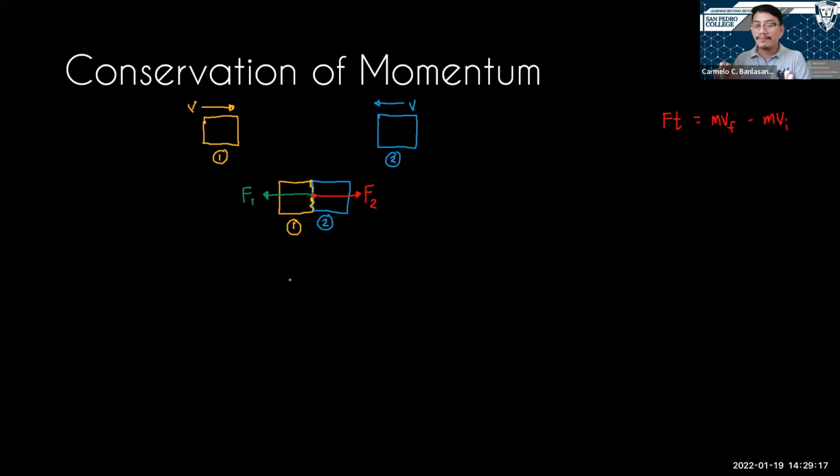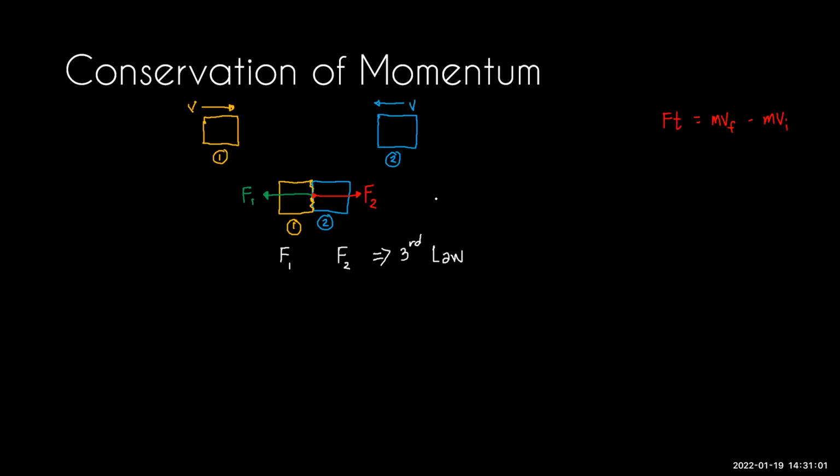Got it. So how can we relate? Let's see, can you remember? How can we relate force 1 and force 2? What does the third law of motion say? For every action, there is an equal but directly opposite reaction.